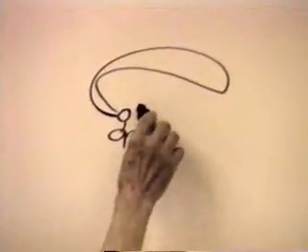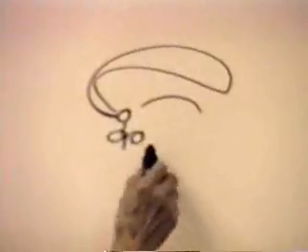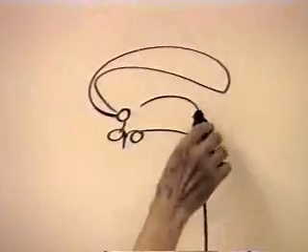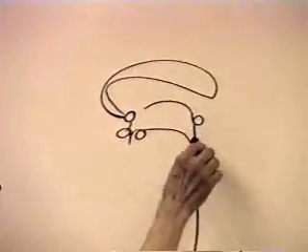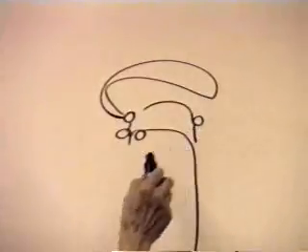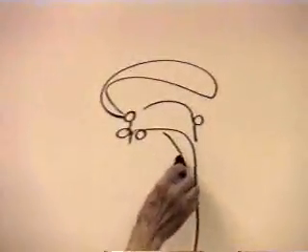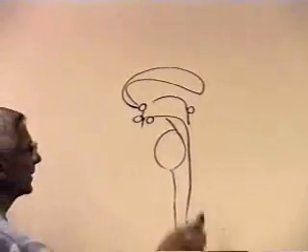That'll give us a guide: the roof of the third ventricle, the floor of the third ventricle, floor of the aqueduct, the fourth ventricle. Come around here to the posterior commissure and the aqueduct. Okay, we've got some landmarks here now. Here we have the midbrain, pons, medulla, spinal cord.